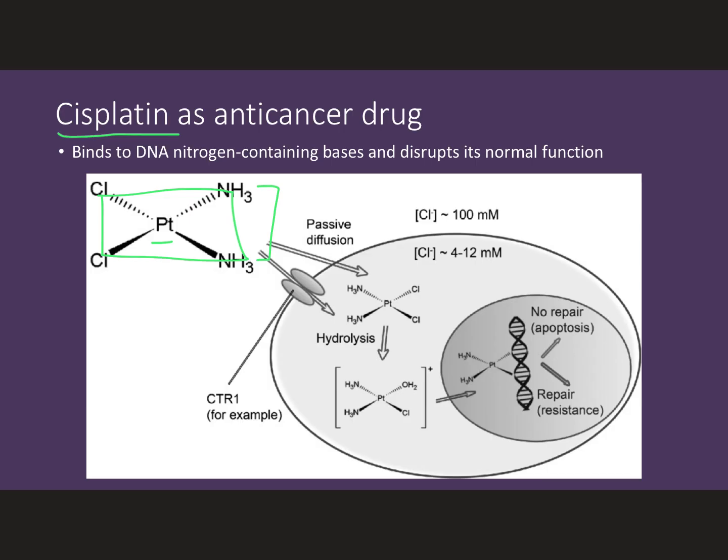What was fun about this is it can break through the cell, get into the inside, undergo some hydrolysis, and then act to bind up DNA so that it can't be repaired, and it will start disrupting the normal function of cancerous cells. So this was one of the first drugs, but it was important on its isomer. If we were to change this to the trans isomer, we saw that it had absolutely no therapeutic effect, and actually it was quite toxic. So this was a nice piece for isomers in inorganic chemistry.